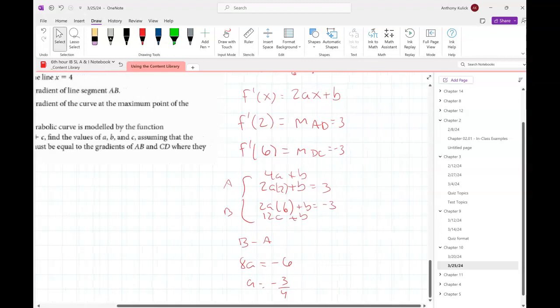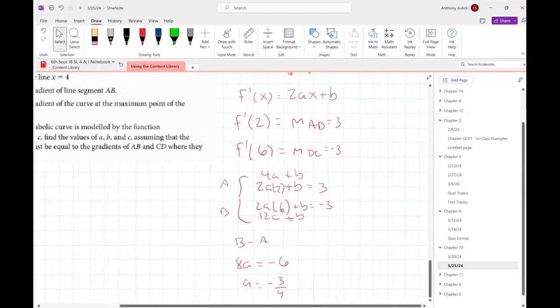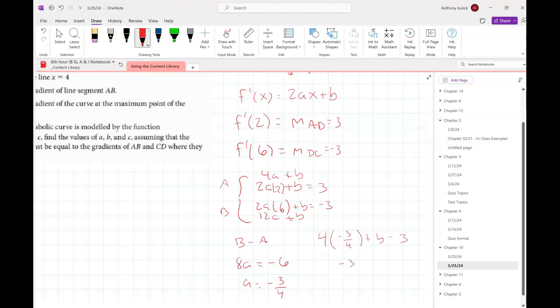Let's just play this out and see what happens. So if that's 3/4, what does B have to be? So B has to be 6.